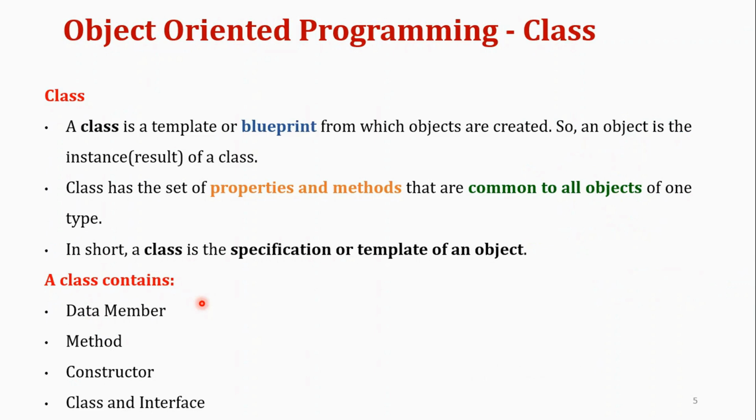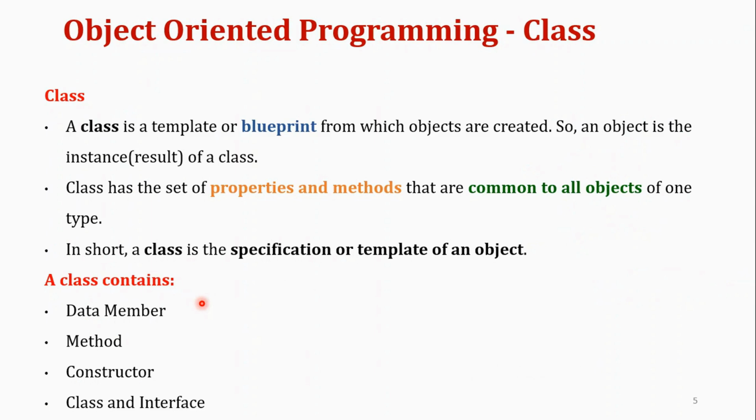And coming to class, a class is the collection of objects, or else a blueprint for creating objects. Using a class, you can create objects. A class has a set of properties and methods which are shared by all the objects of the same class.